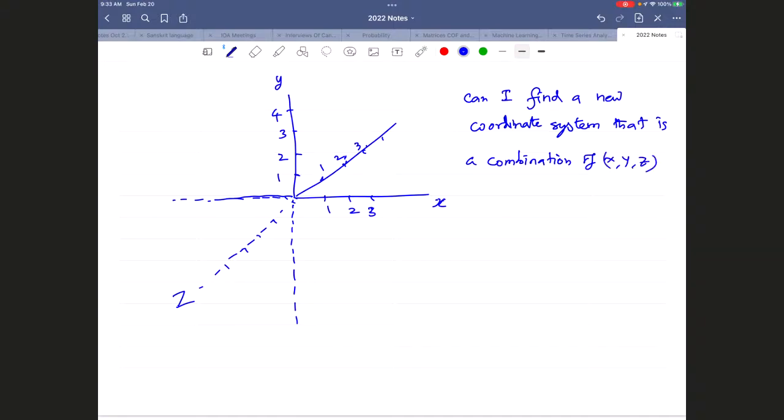And remember, matrices are always about linear systems. So basically, I'm saying, can I find a new coordinate system?